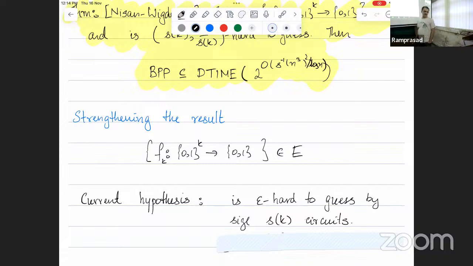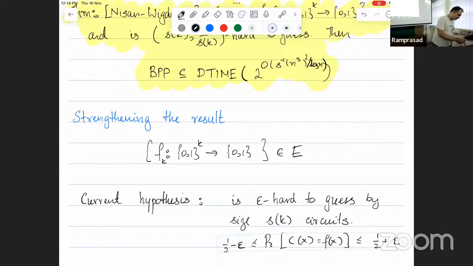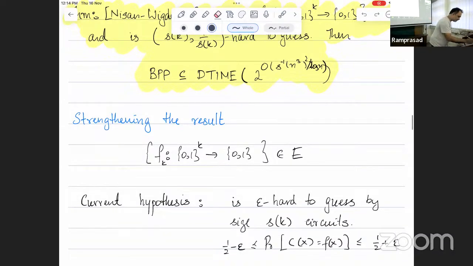To write it differently, this is a statement of the following type. It's just saying that for every circuit C of the appropriate size, you have this property, where the probability is over the choice of x. If you want, you can say C is a randomized circuit or whatever and deal with this.